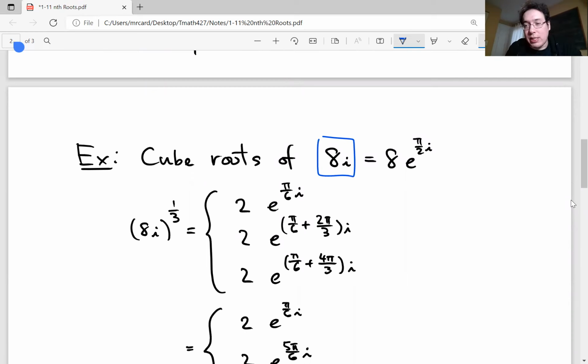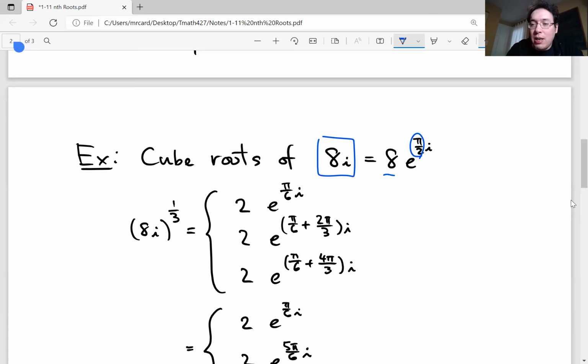So the first task is to write it in polar form. That's actually not too hard here. The modulus is 8 because it's 8 units upward. And if I'm going exactly upward, the argument is going to be 90 degrees or pi over 2 radians. That's what I have up here.